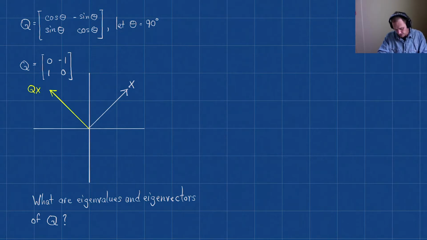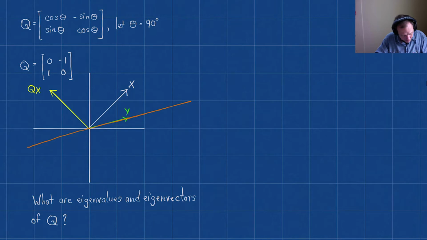Now, before we launch into running through the process, let's think about this. Remember what we said normally: if we had some kind of a green vector, y, and some matrix A, then this orange line is the result of A times y, which is just some scalar of y.